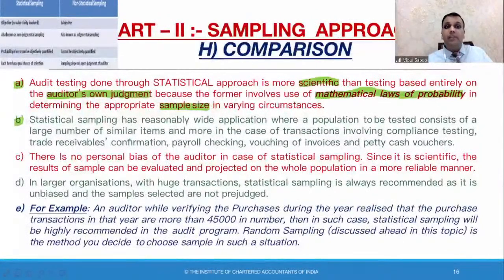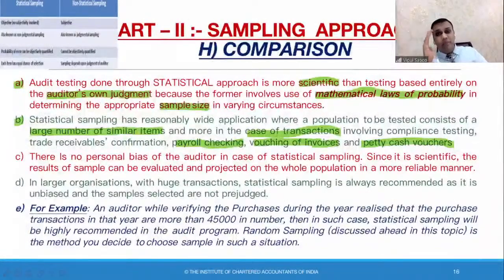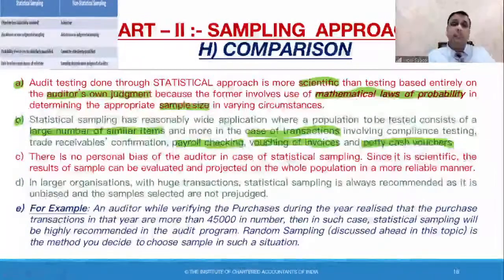Statistical sampling has reasonably wide application where the population to be tested consists of a large number of similar items, or there are many transactions. For example, trade receivables confirmation, payroll checking, human resources payment, vouching of invoices, petty cash vouchers. There could be a huge number of petty cash vouchers, running into thousands, lakhs. How would you be able to check 100%? You need a mathematical way to extract a sample out of that population and apply your audit procedures thereupon.